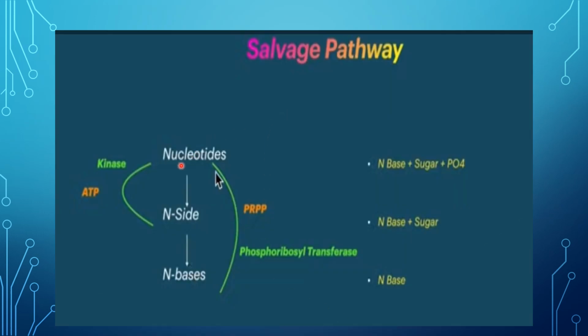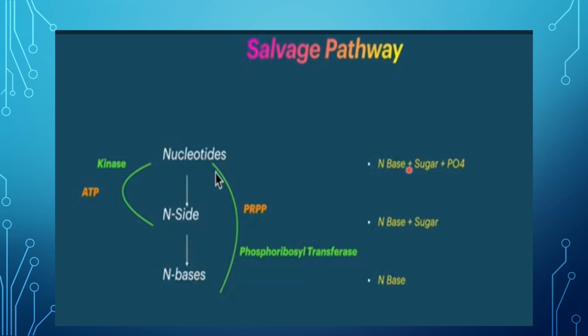Here you see that nucleotides undergo breakdown and are broken down into nucleosides and nitrogenous bases. You know that a typical nucleotide is made of three things: nitrogenous base, sugar and phosphate group.